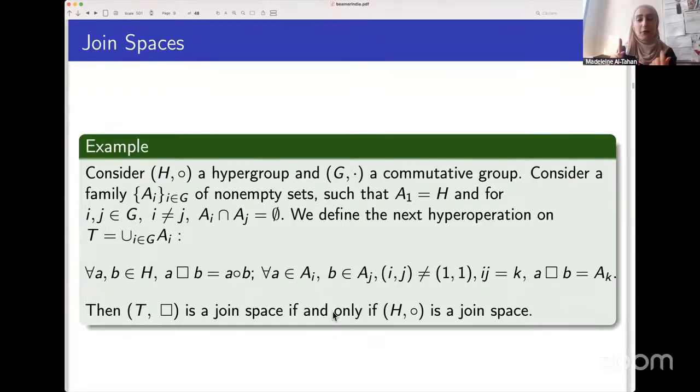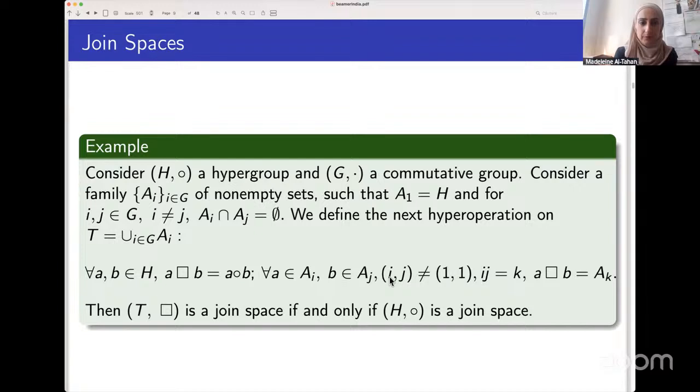But what if one of them is in H and one of them is in A_I or A_J? What will be the hyperoperation between them?